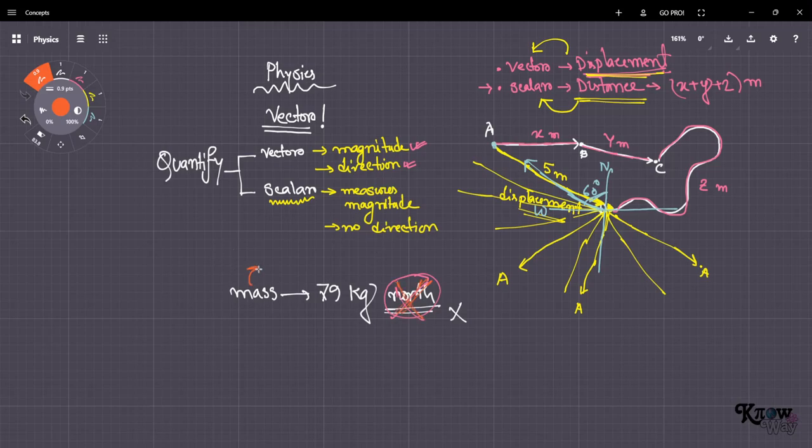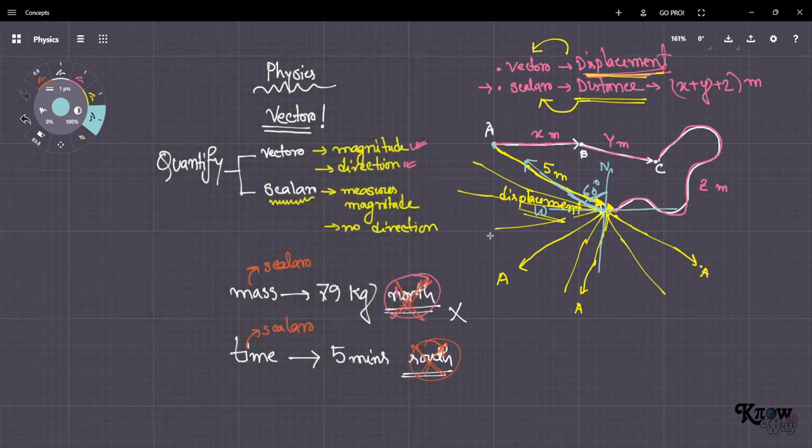So this will of course be a scalar quantity. What about time? Let's say 5 minutes. It takes me 5 minutes to get ready. Does it take me 5 minutes to get ready south? Of course not. We cannot use any direction here, so time is also a scalar quantity.